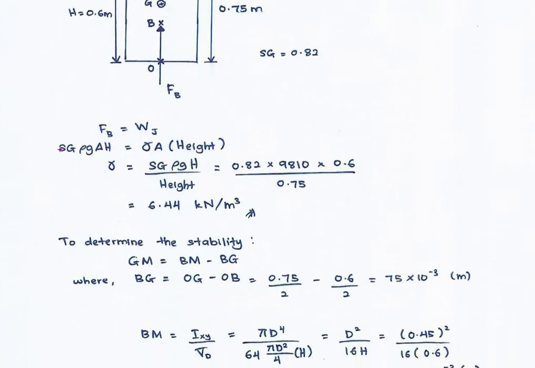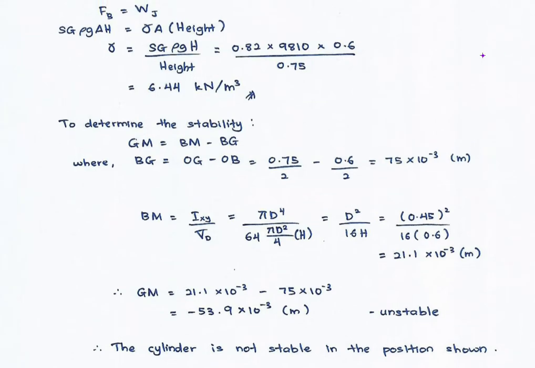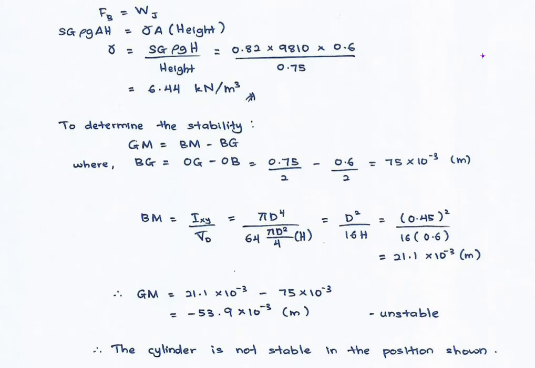Then we need to calculate the stability of the cylinder. Again, the equation starts here. GM is equal to BM minus BG. We could determine the value of BG using this equation, OG minus OB.